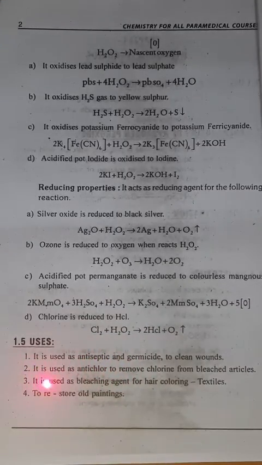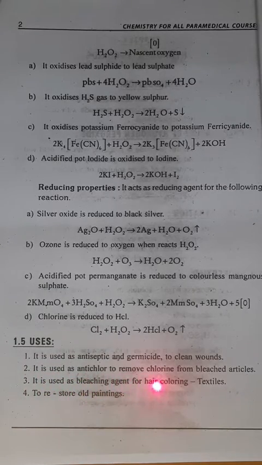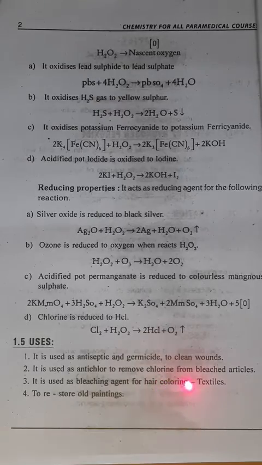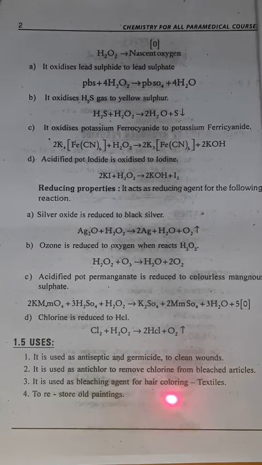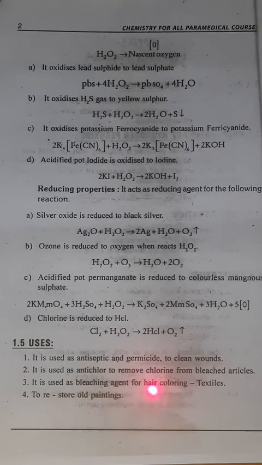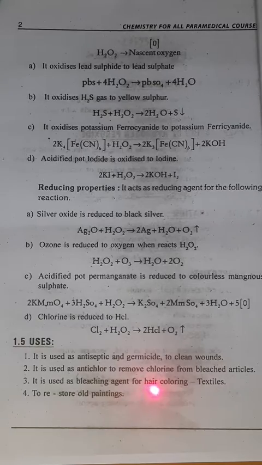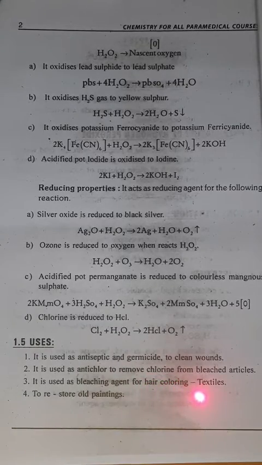Then the third one is it is used as a bleaching agent for hair coloring and in textile industries. Means the cotton industries form the threads, which become bleached in the textiles.